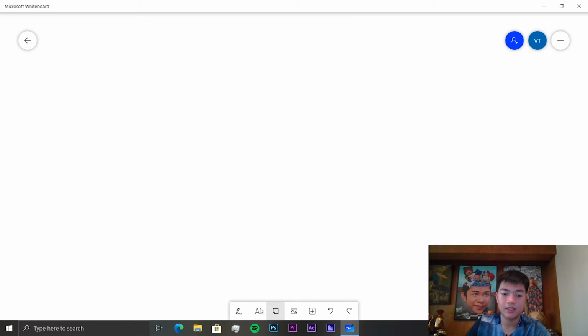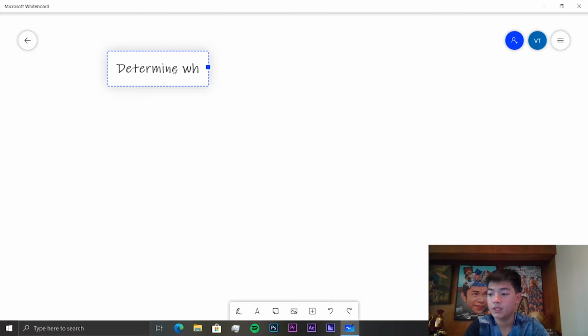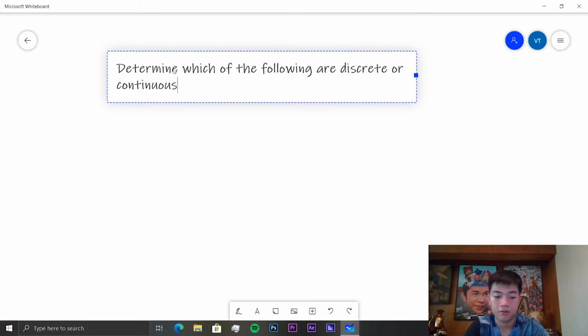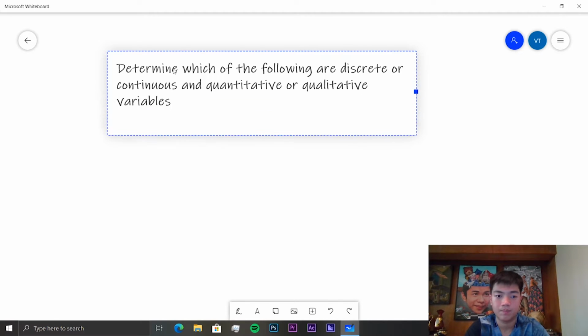Next question: we need to determine which of the following are discrete or continuous and quantitative or qualitative variables. So the first is taste. This is definitely a qualitative variable.